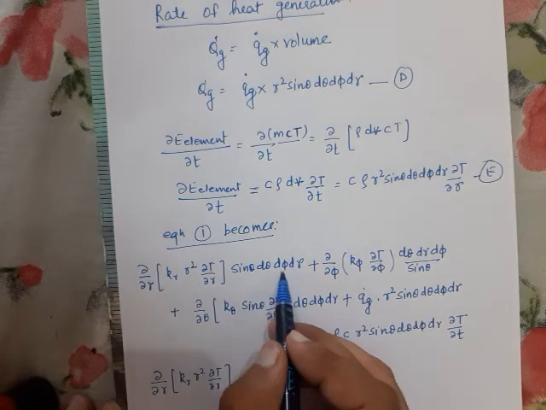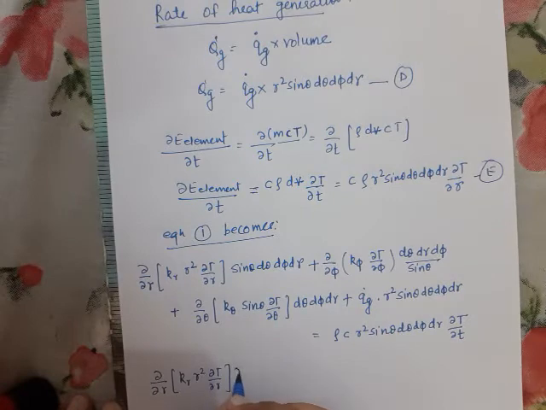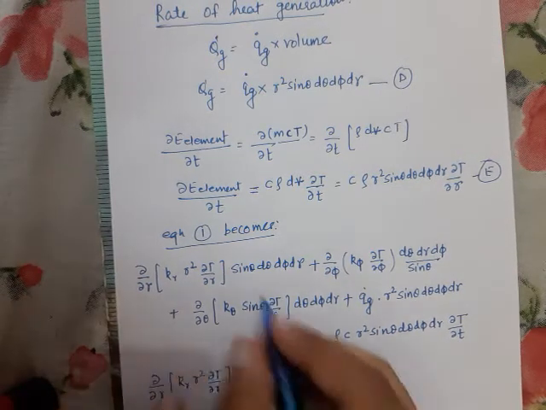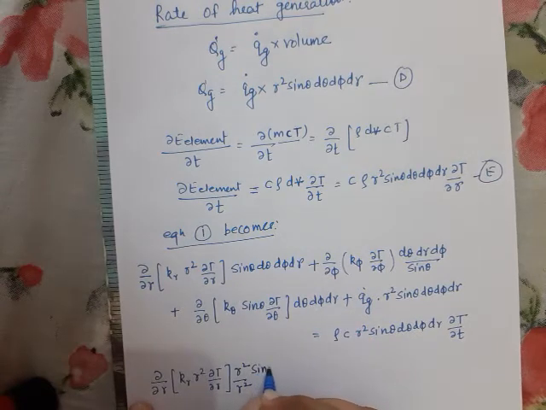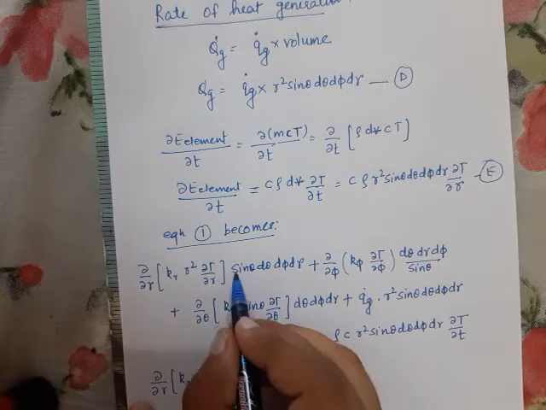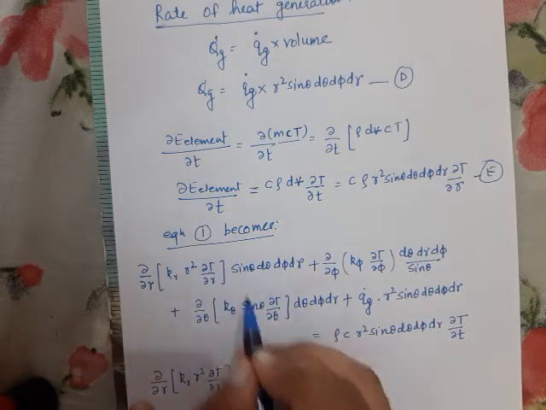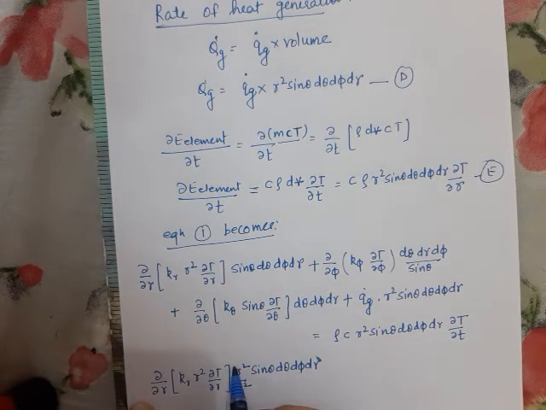Sine theta d theta d phi dr is already there. If this is multiplied by r square and divided by r square, I have simply multiplied this first term by r square and divided by r square, so that the upper term would remain equal to the volume of the element.